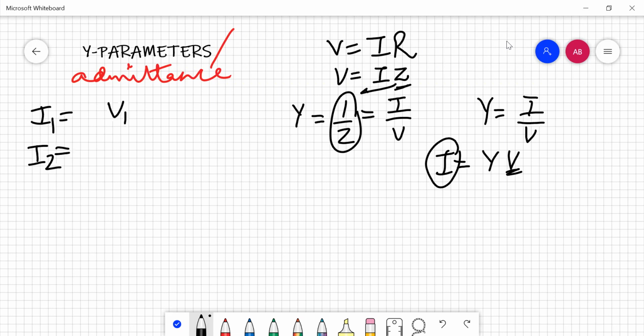Here we have our input port voltage and output port voltage, similarly here. And again, like we write the matrices, Y11, Y12, Y21, and Y22. So these are the equations that define all four Y parameters.